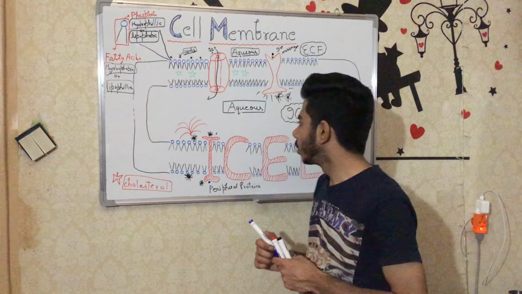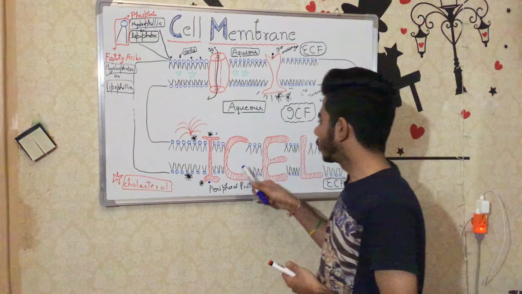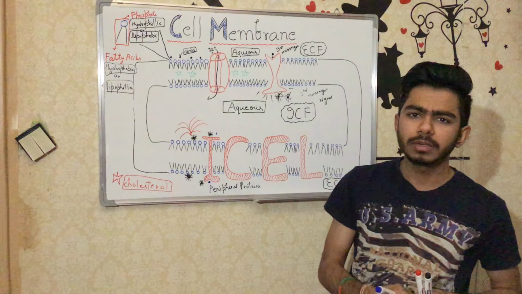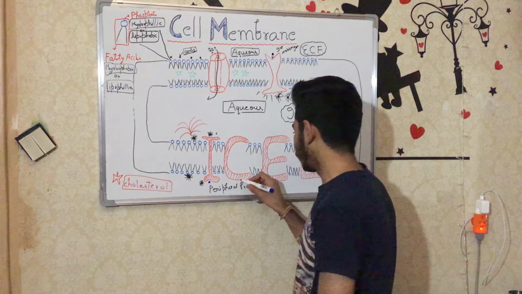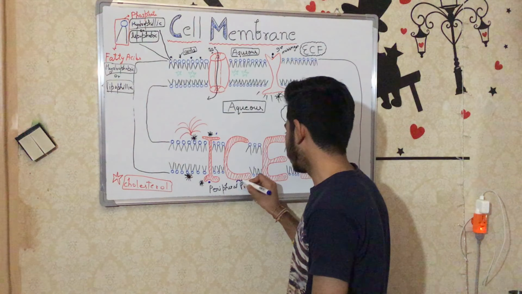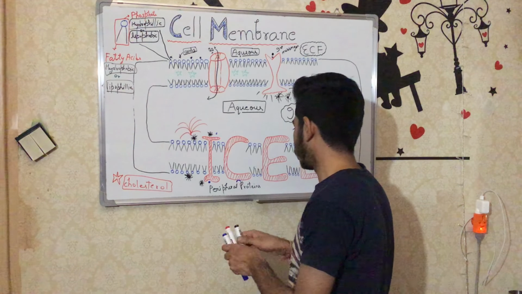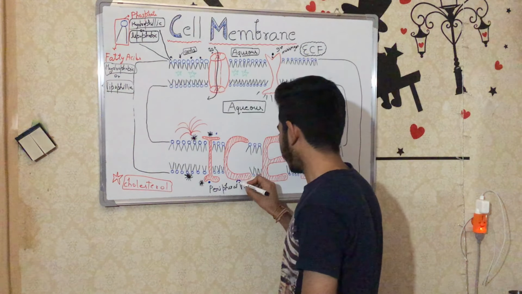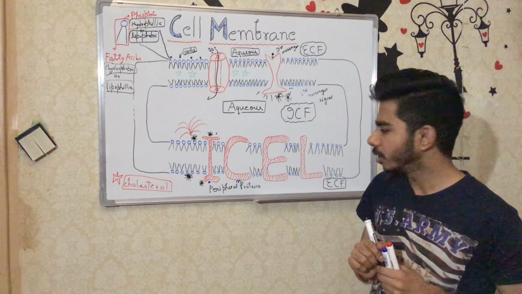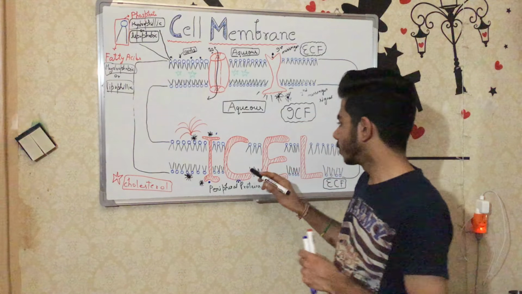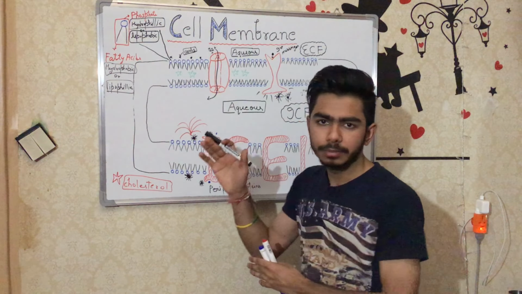Now carrier proteins also help to carry some substances. For example, over here there is a binding site, and some substance or some drug binds to it, and it will flip the site.